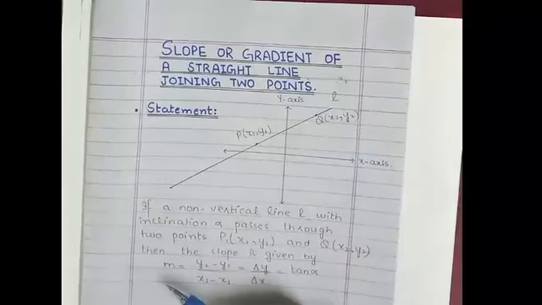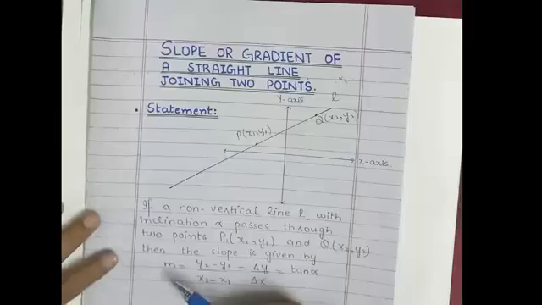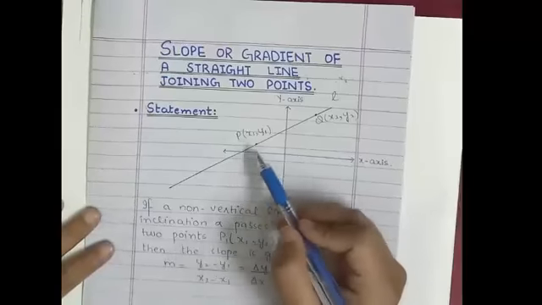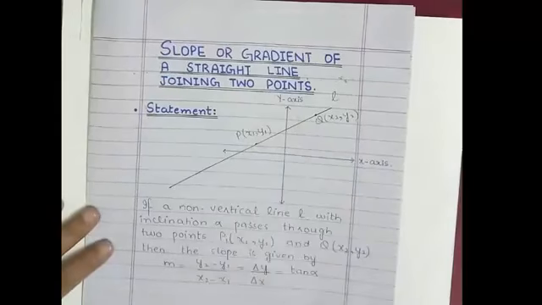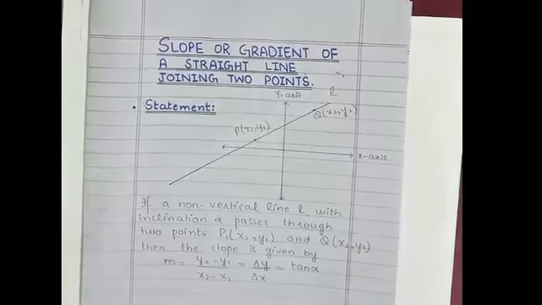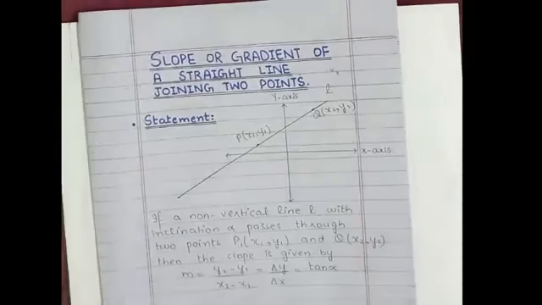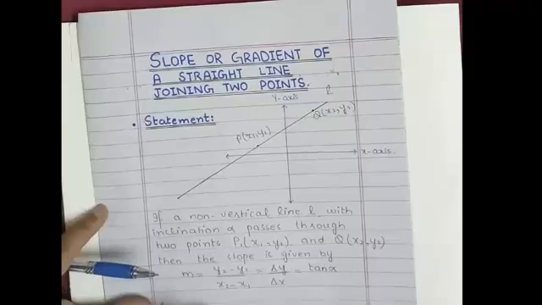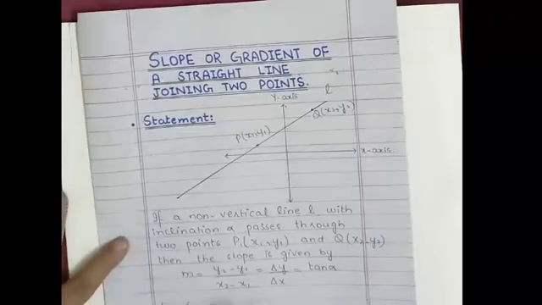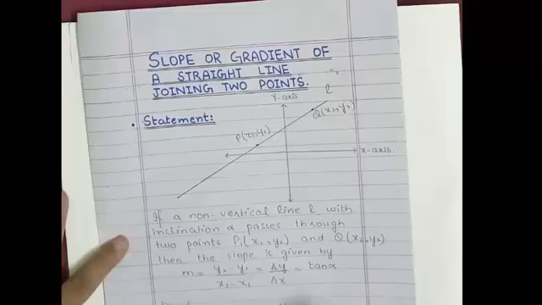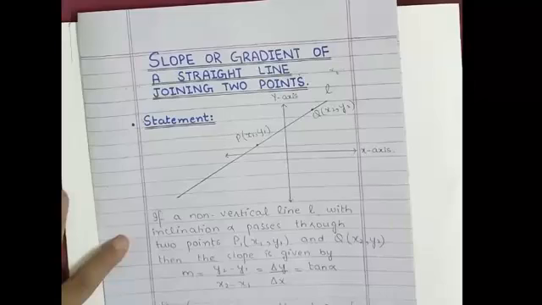Next, what we will do is, starting the proof, let m be the slope of the line L.